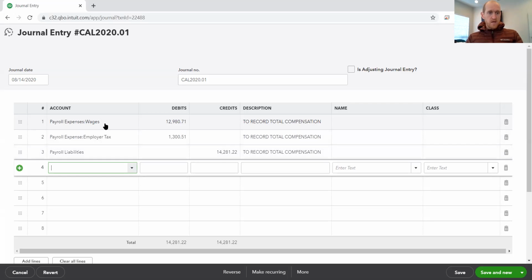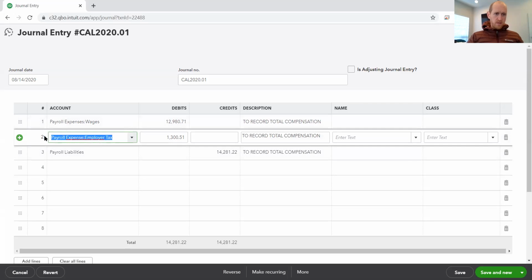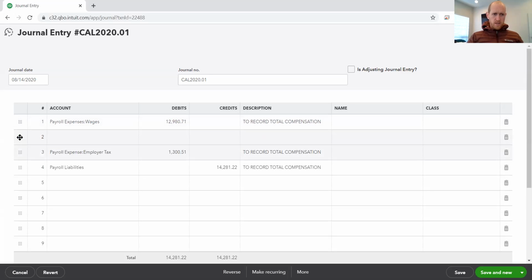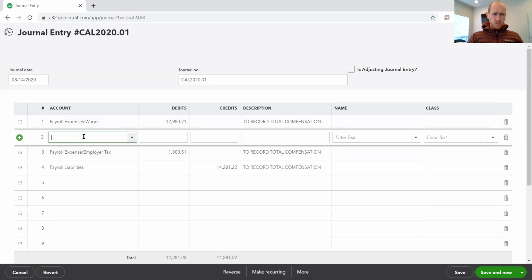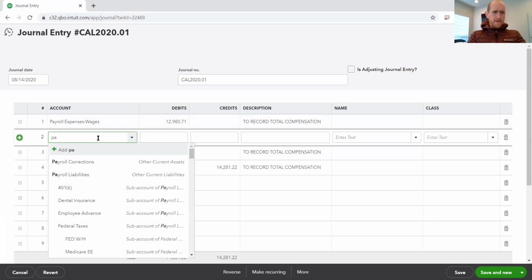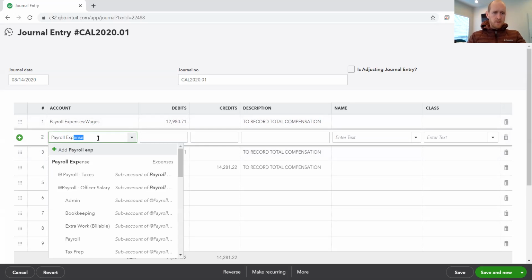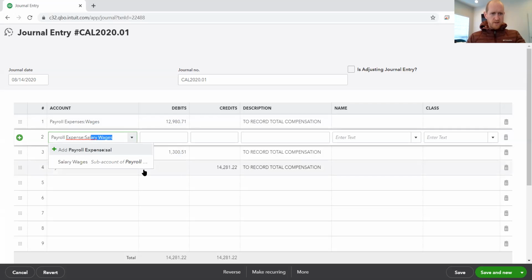All right. So now if you want to break this out further, you can. So maybe I want to, let's see here. Maybe I want to do officer. So I got wages, and then I want to say payroll expense. Let's see here. Did I say salary? Salary wages.